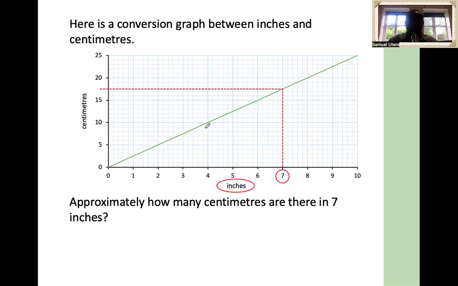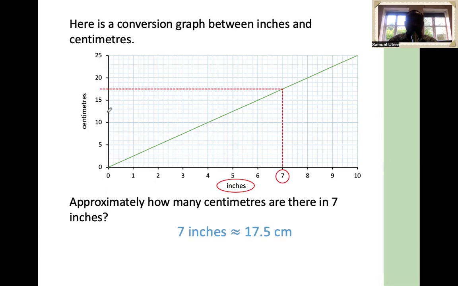Now, this is where it becomes useful to know how to read your scale. So you can see that this starts at 0 and that ends at 5. And then you can see that you have 1, 2, 3, 4, 5 little squares, meaning that each little square is equal to 1. Now you can see that the horizontal line has cut across the vertical line at the point after 15, where we have 3 squares after 15.